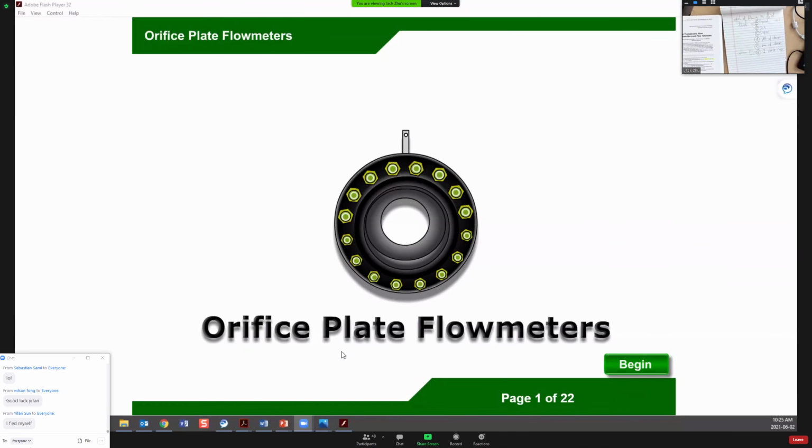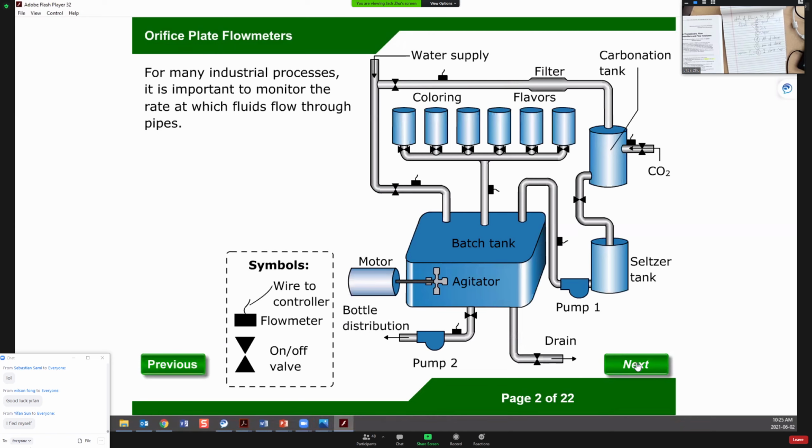So this is our orifice plate flow meter. Industrial process, monitor the rate of flow through the pipe. This is the flow meter. This is the on-off valves down here. So here's the valves, here's the flow meter. You have flow meters at different locations.